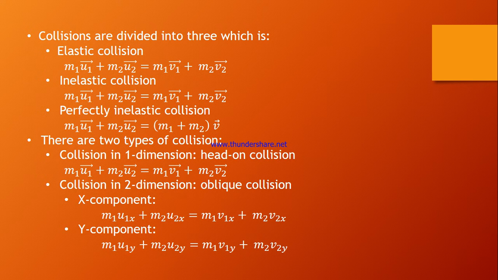Collisions are divided into three types. Elastic collision: m1 u1 plus m2 u2 equals m1 v1 plus m2 v2. Then inelastic collision: m1 u1 plus m2 u2 equals m1 v1 plus m2 v2.